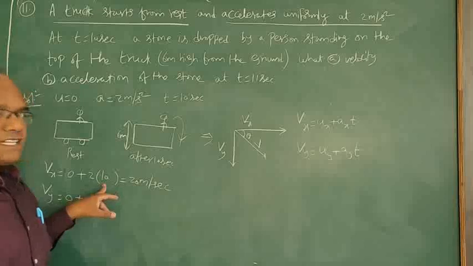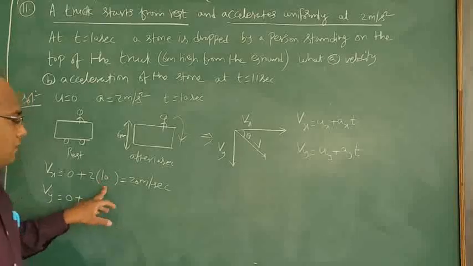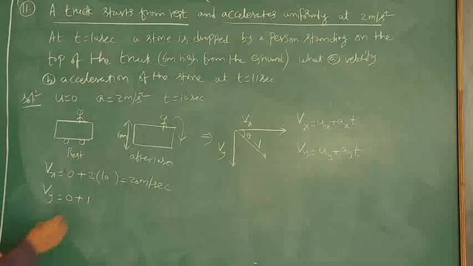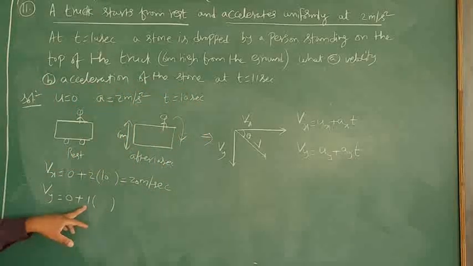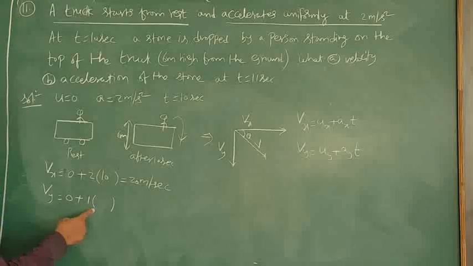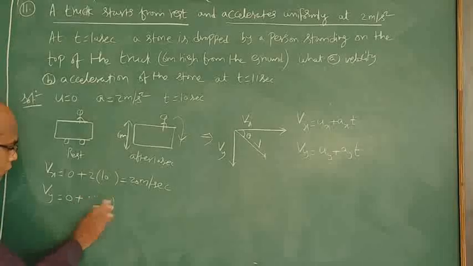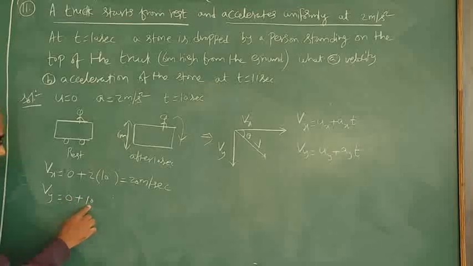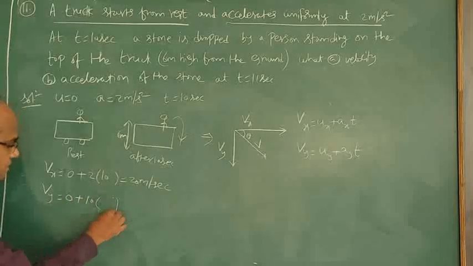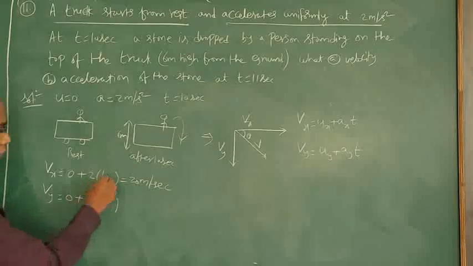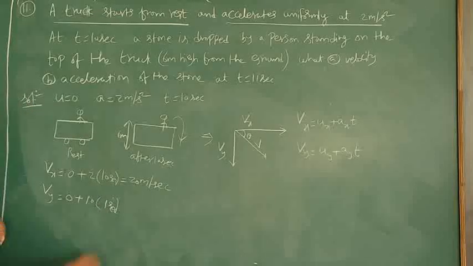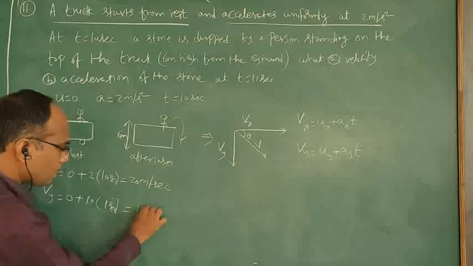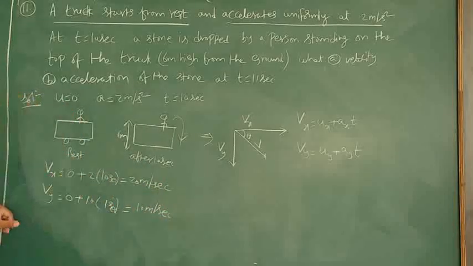So here already 10 seconds are taken. 10 plus 1 is 11, so only 1 second. So acceleration due to gravity is 10 meter per second square, and time is 1 second. So what is the value we can get? 10 meter per second. So Vx, Vy.